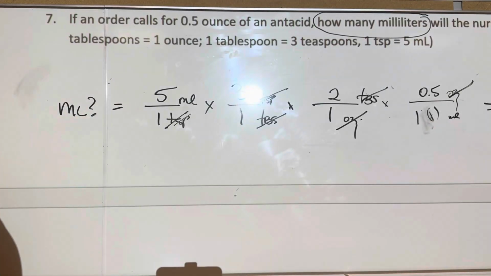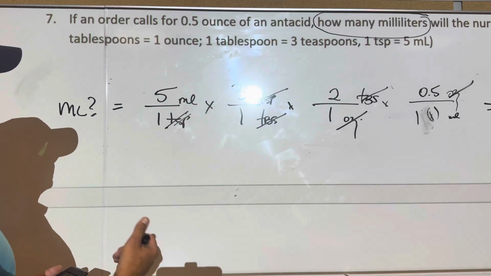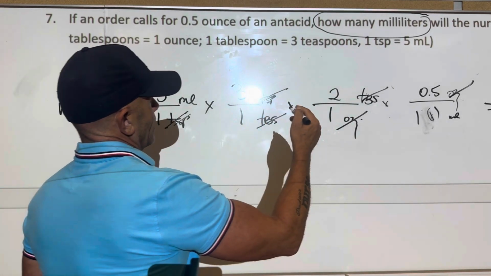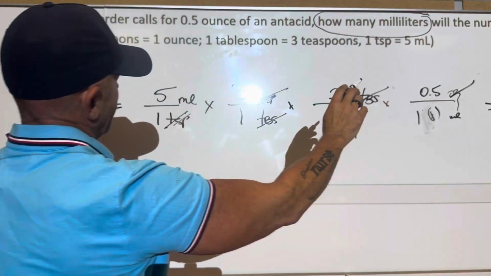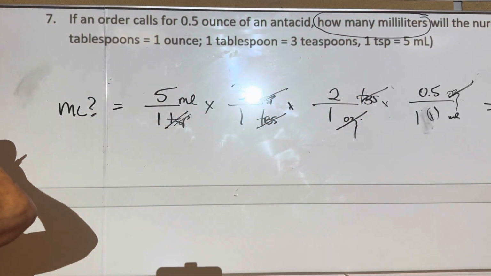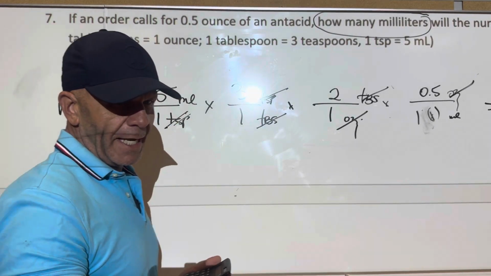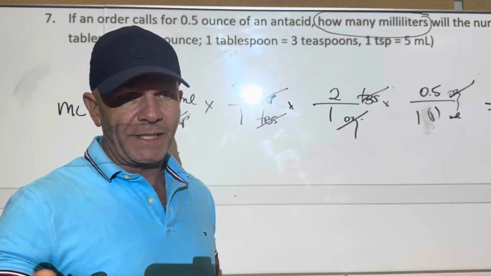All right? Now, let's double check your work, and I'm going to throw this extra step in there. If you don't want to listen, keep going. Okay? If you look at your tablespoon, and the little cheat sheet I gave you before, it shows 1 teaspoon equals 5 mLs, 1 tablespoon equals 15 mLs.